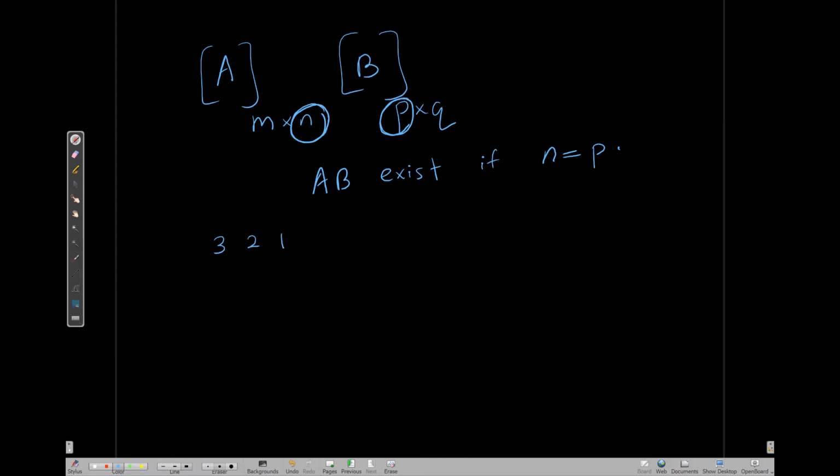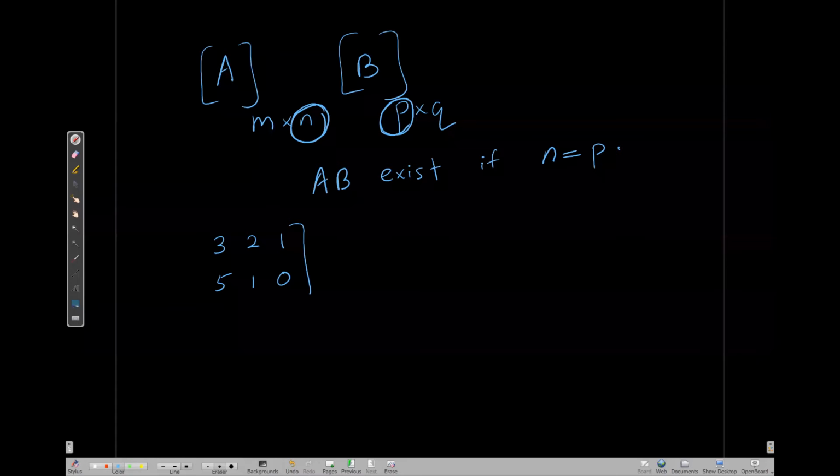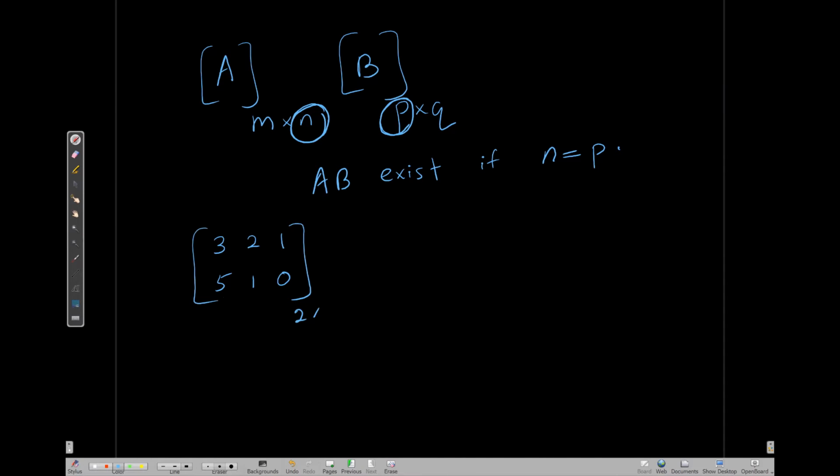So 3, 2, 1, 5, 1, 0. Let me take easy numbers. Now this one is a 2 by 3 matrix, 2 rows, 3 columns. Let's call this guy A. The matrices that I can multiply with A, putting A on the left, and B, whatever that matrix is, it must start with 3. 3 by something.